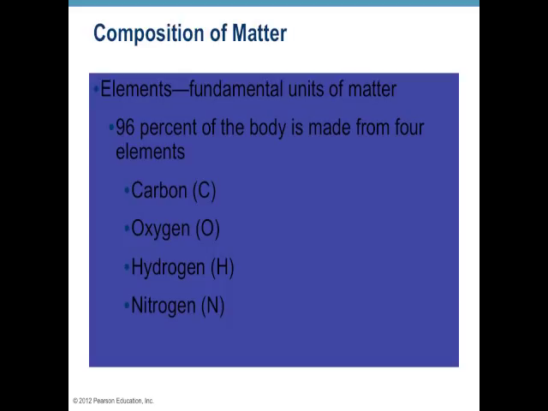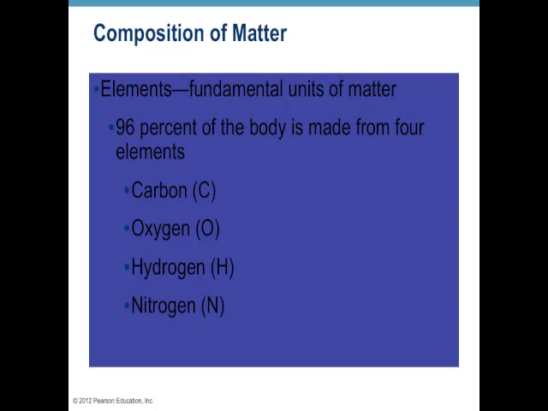A periodic table is a list of elements in a box or rectangular type form, and these elements are listed according to their size, each one having a number at the top left hand corner known as the atomic number. They're also going to have a number listed at the very bottom, usually the bottom middle of that element, known as the atomic mass. Okay, they are organized according to their atomic number.